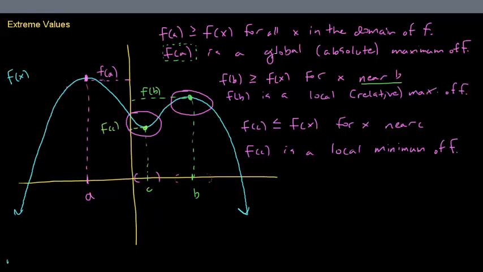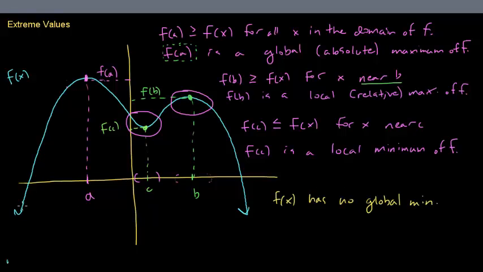So we've got a global maximum, a local maximum, and a local minimum. But in this case, there is no global minimum. So f of x has no global minimum.